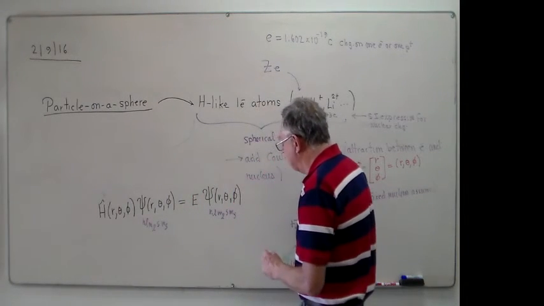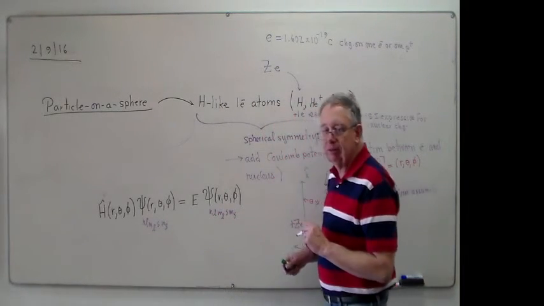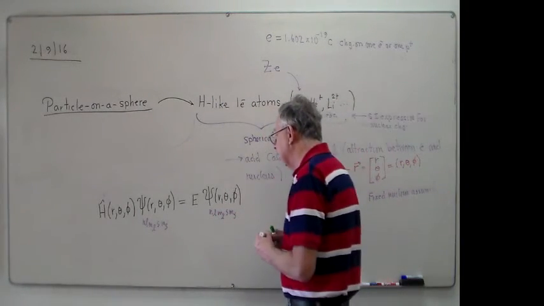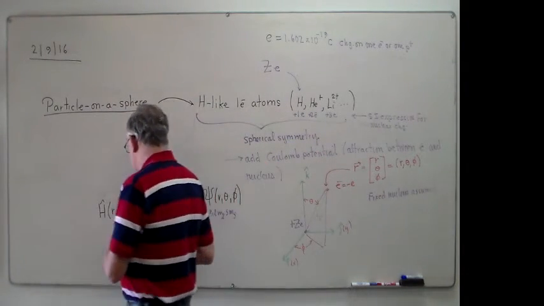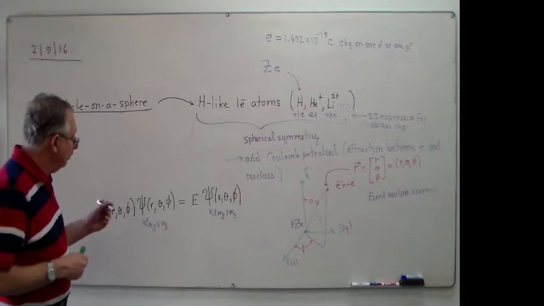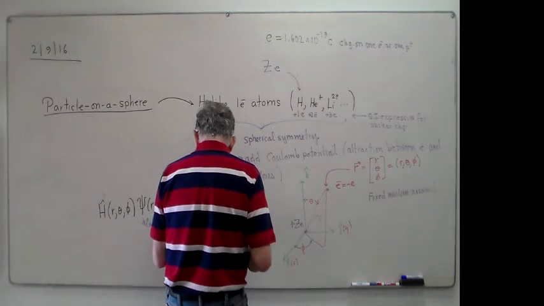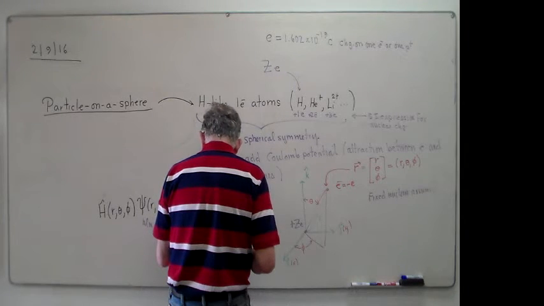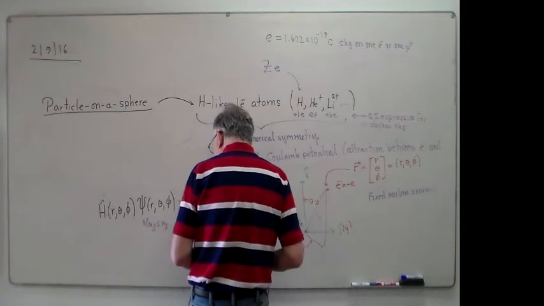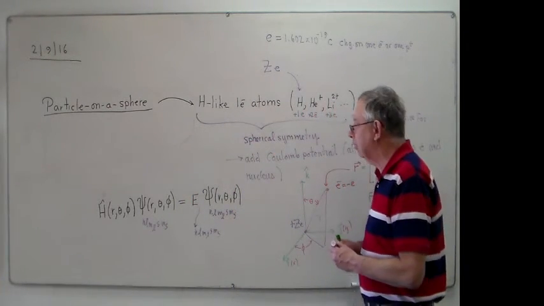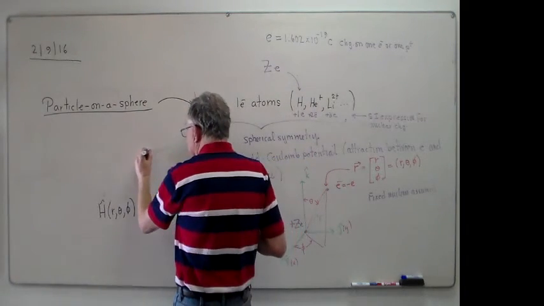So we're going to have 1, 2, 3, 4, 5 quantum numbers associated with these wave functions. And the energy, in principle, can be a function of all 5 quantum numbers, n, l, m sub l, s, and m sub s. This is for all particle on sphere systems? So, no, this is for hydrogen atom.